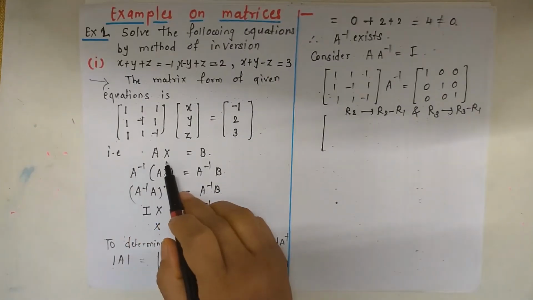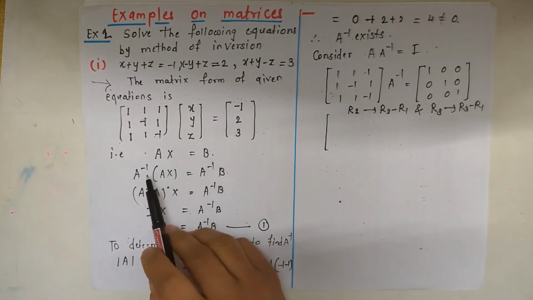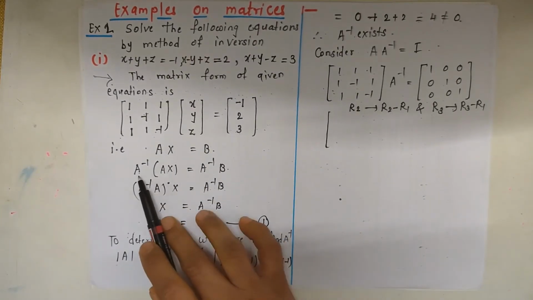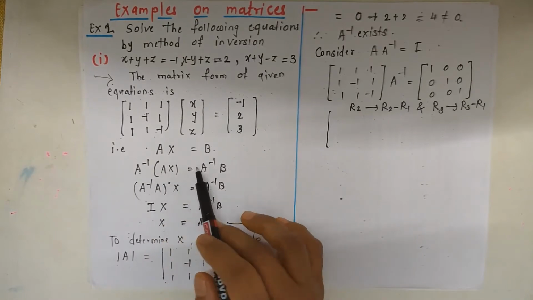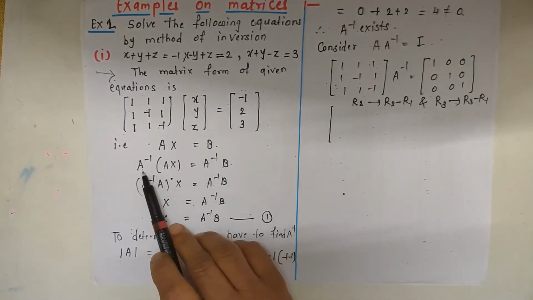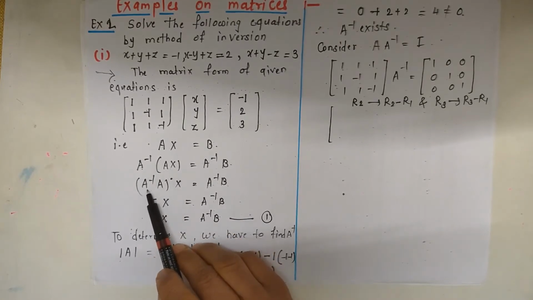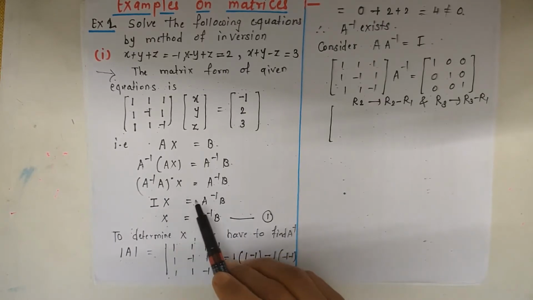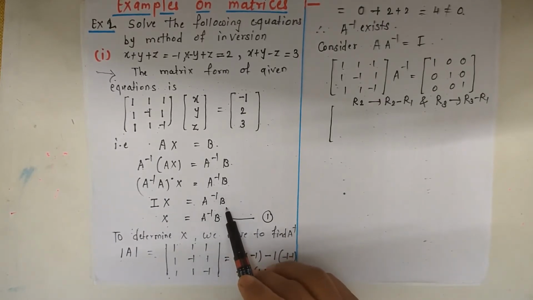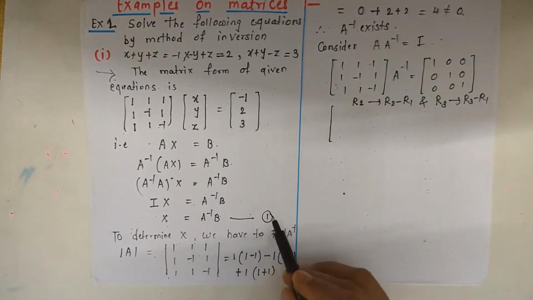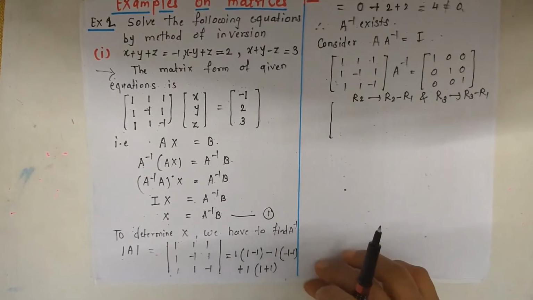That is AX is equal to B. Pre-multiplying by A inverse to this equation, A inverse into AX is equal to A inverse into B. By using the associative property, A inverse A is the identity matrix I. So we can write identity matrix I into X is equal to A inverse into B. This can be written as X is equal to A inverse B. This is the first equation.